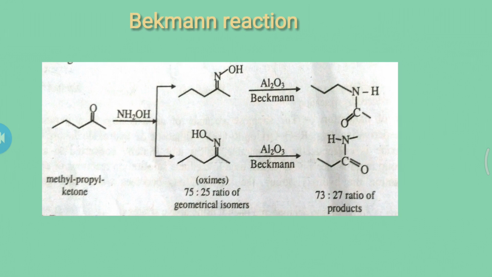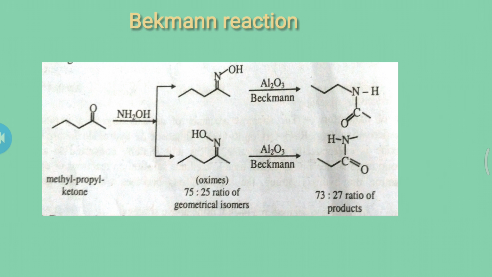Here is one more example of the Beckmann reaction: methyl propyl ketone. The ketone has two alkyl groups attached, a propyl group and a methyl group. Methyl propyl ketone reacts with hydroxylamine to form two types of oximes, in a 3:2 ratio, trans to propyl and cis to propyl.